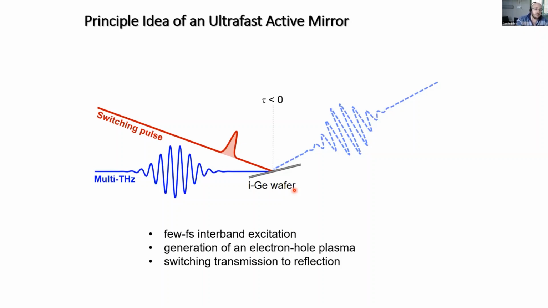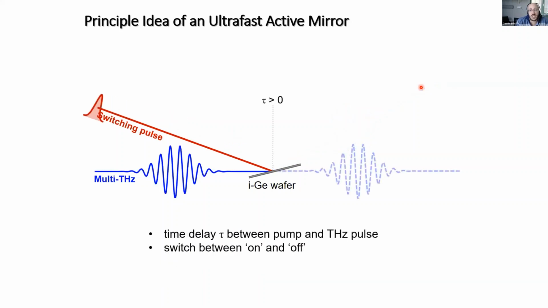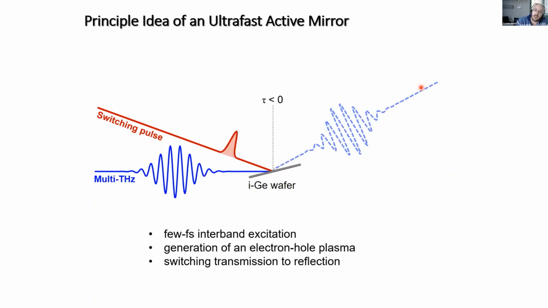And we are able to create plasma frequencies up to a few microns. So we switch the germanium wafer to be perfectly metallic, and basically it becomes a mirror, so you can reflect the radiation. And by changing the delay between the switching pulse and the terahertz pulse, you can control between transmission and absorption. So you can say it's an optical gate.